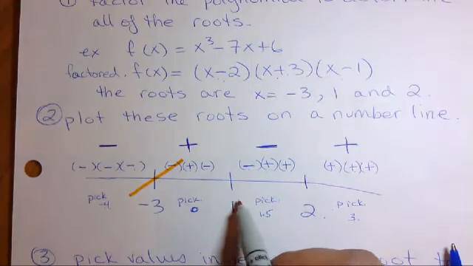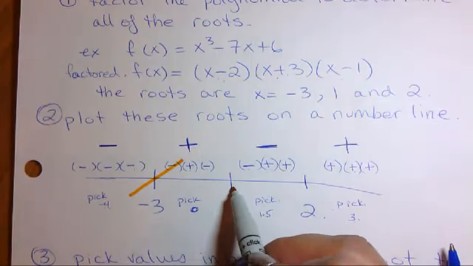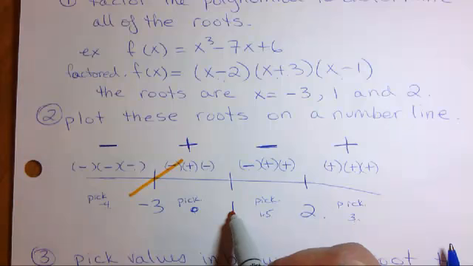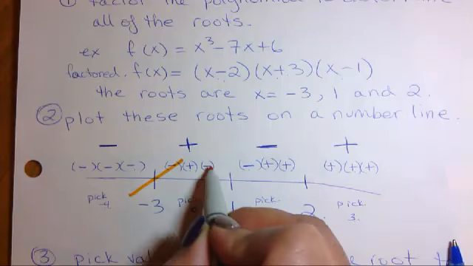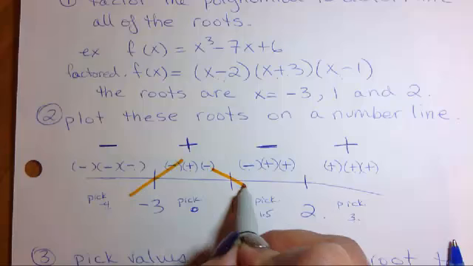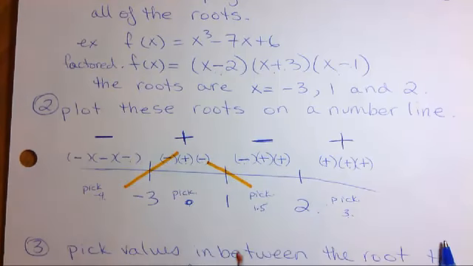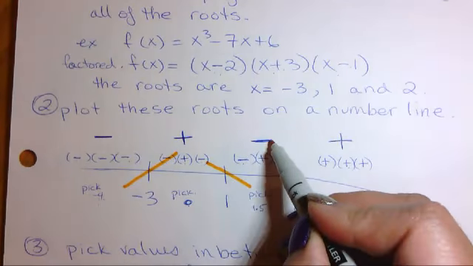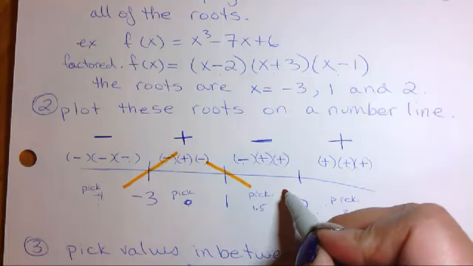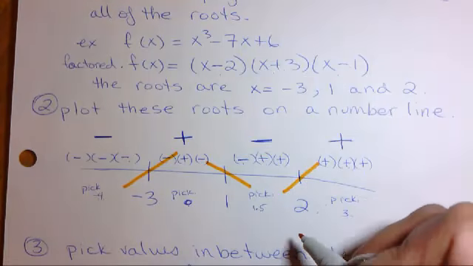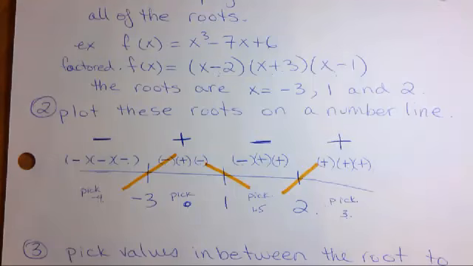When it goes through the x equals 1 root, it's going to go from positive towards negative, so it's going to end up crossing like that. And from negative to positive through the 2, it's going to go up like that. So that gives us an idea of how it's going to look when it crosses each of those roots.